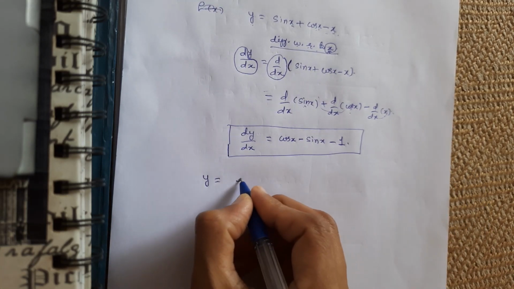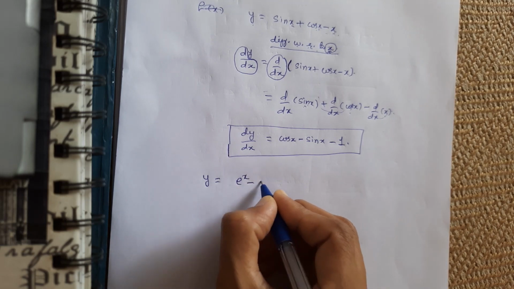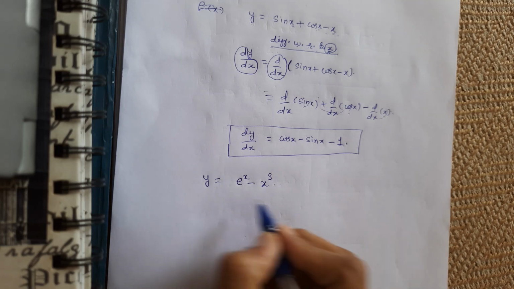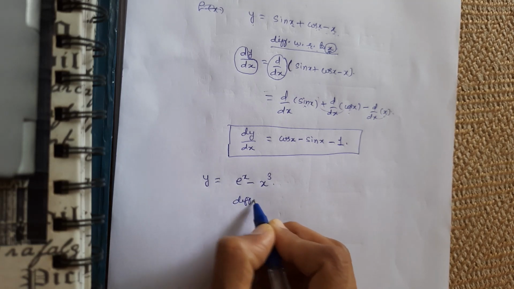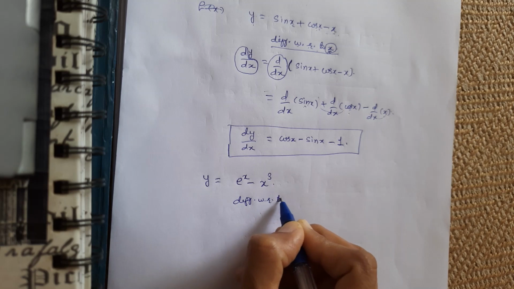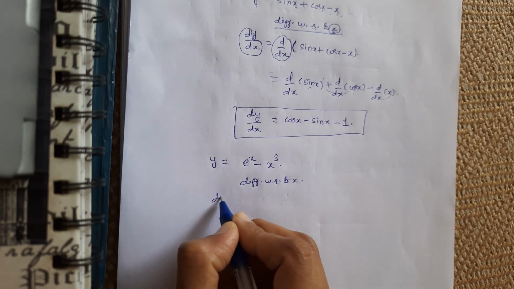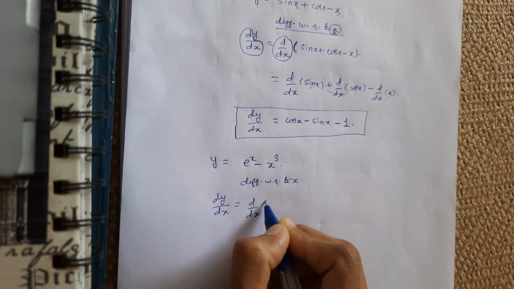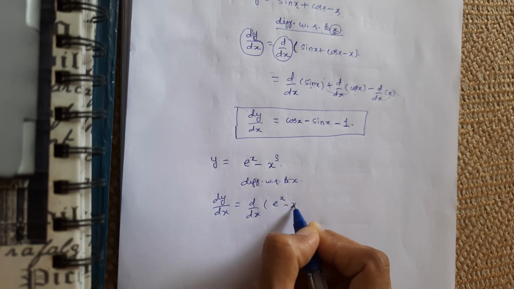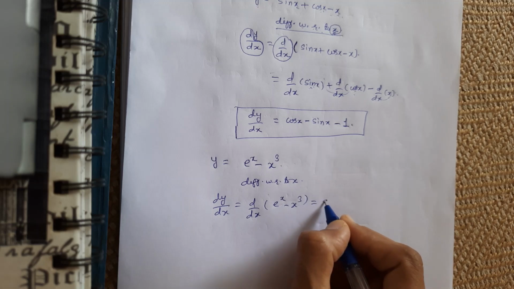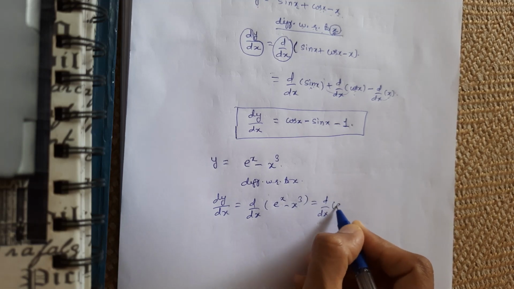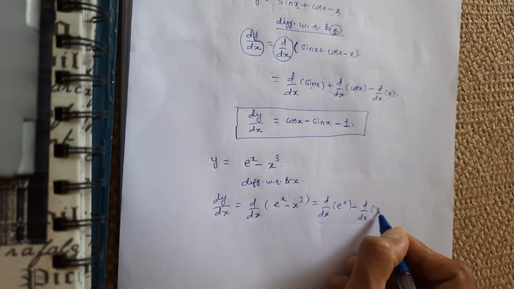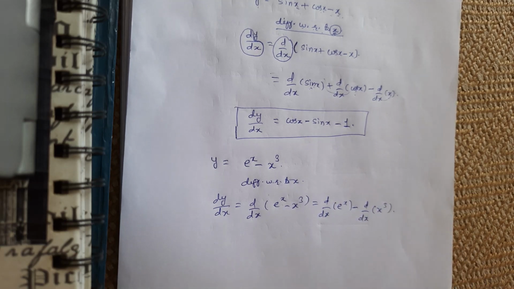Find the derivative of e to the power x minus x cube. Okay, so I write differentiate with respect to x. What will I get? dy by dx equal to d/dx of e to the power x minus x cube, which is equal to d/dx of e to the power x minus d/dx of x cube.